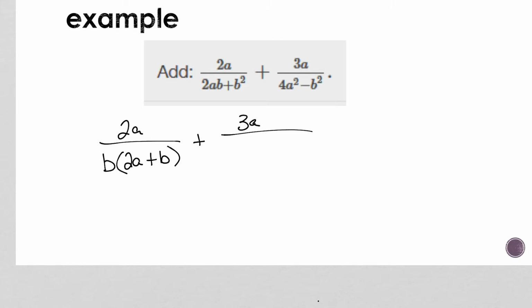So I would end up with 2a plus b and 2a minus b. Now we need to come up with our LCD. Our LCD, remember, has to have each piece. These match, so I only need one of those. So I need a b, I need a 2a plus b, and I need a 2a minus b, and that's my LCD.